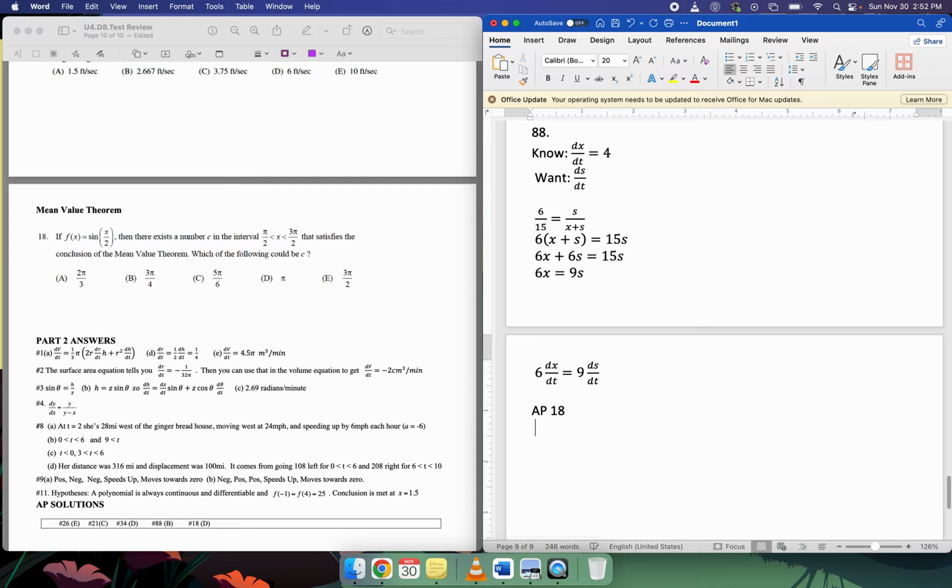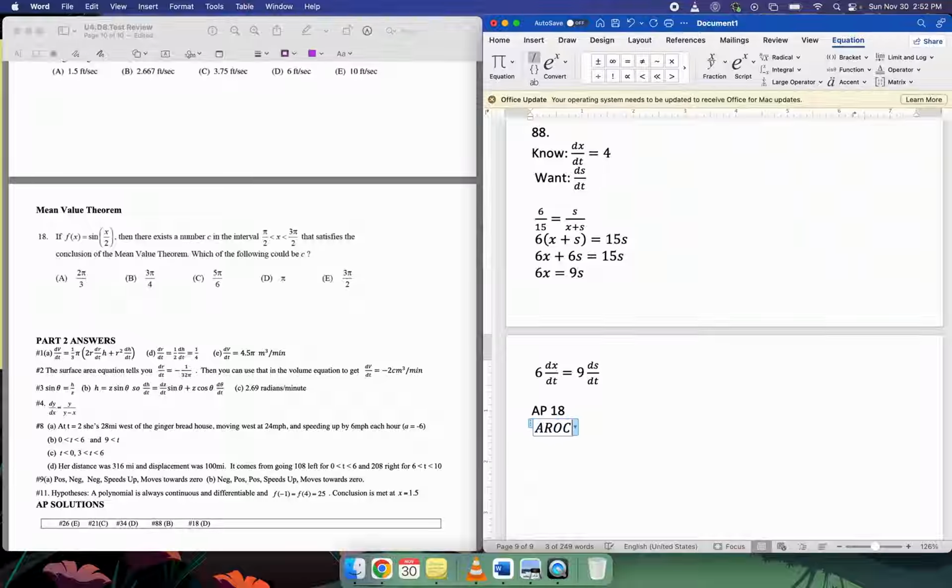So, of course, the mean value theorem says, look at the average rate of change of this function over this interval. Whatever that number is, there's going to be a moment c at which the derivative matches that number. So let's compute the average rate of change over the interval from pi over 2 to 3 pi over 2.